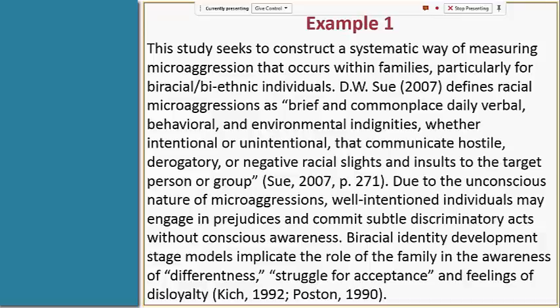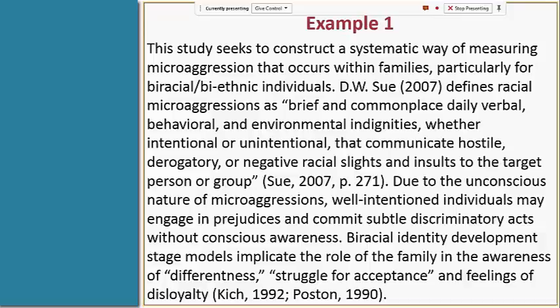This study seeks to construct a systematic way of measuring microaggression that occurs within families, particularly for biracial, bi-ethnic individuals. D.W. Su defines racial microaggressions as brief and commonplace daily verbal, behavioral, and environmental indignities, whether intentional or unintentional, that communicate hostile, derogatory, or negative racial slights and insults to the target person or group.